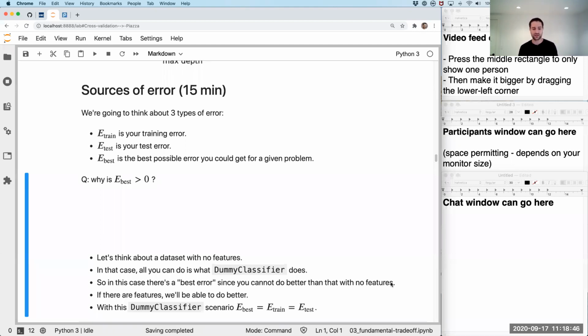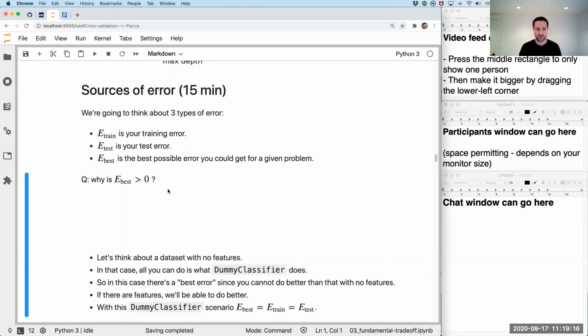So to generalize that, why is the error not 0? It's because the output, the y, the target variable, is not going to be an exact deterministic function of the input variables. If it was just that, like, if you eat meat every day, you like cilantro, and otherwise you don't, if that's the way the world was, sure, you could get 100% accuracy, but the world is never like that.